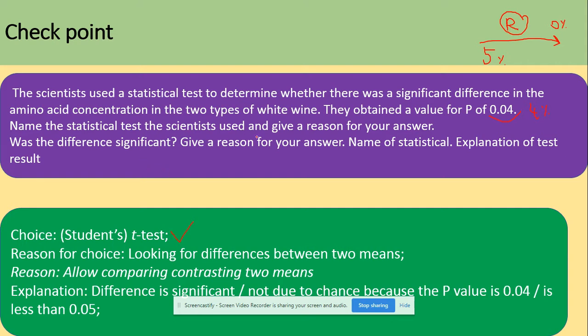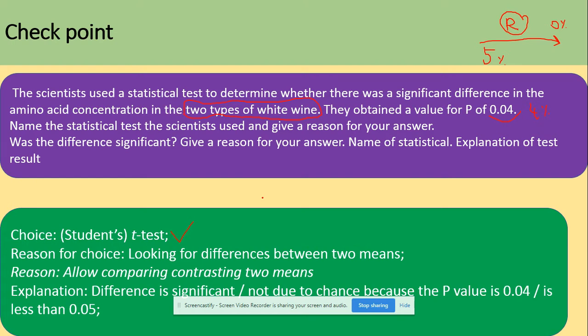Where is this coming from? Because they were comparing two types, okay? So there is not just one case when we're looking at one thing, like when we're not tossing a coin, the same coin. Here we've got two types, okay?